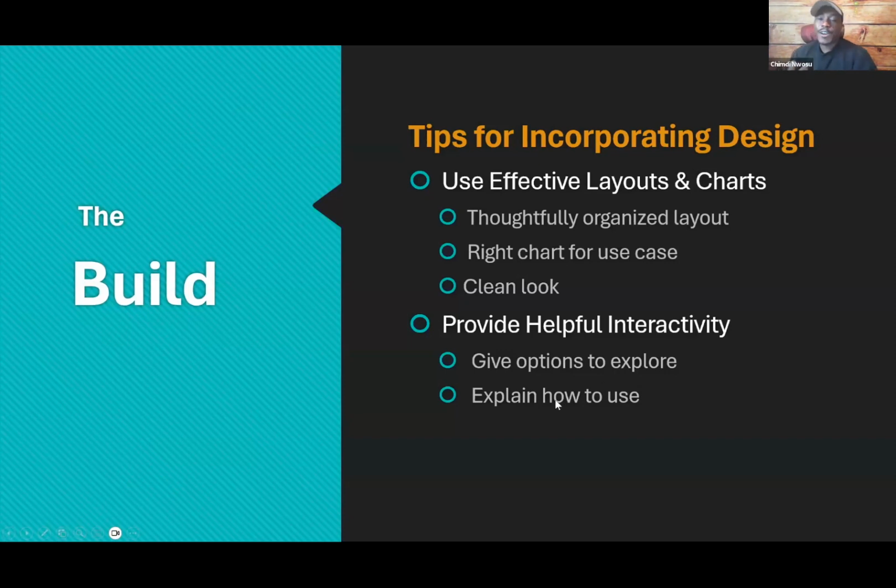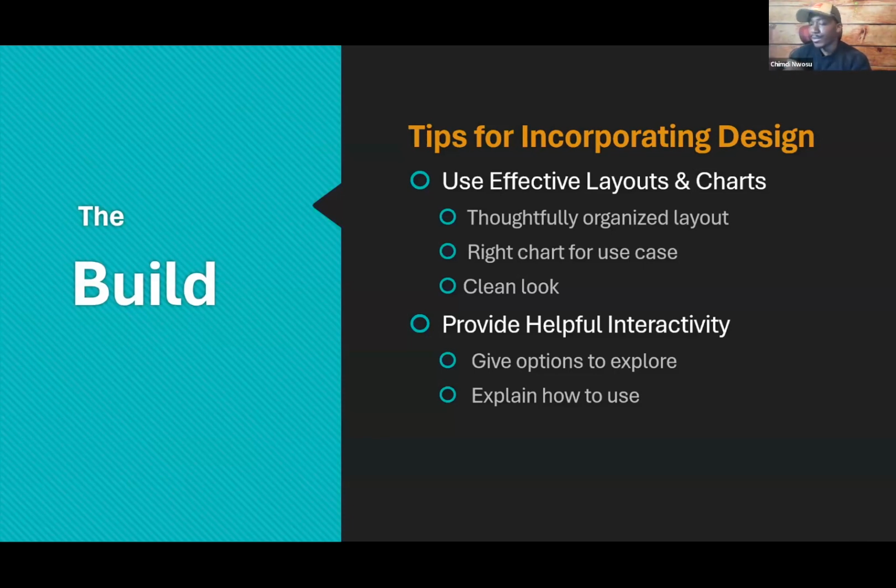We want to give people options to explore, and we want to explain how to use those options on the dashboard. So for example, let's say we meet someone who is essentially looking to understand their business over time. And let's say they have different stores, different regions, et cetera. We want to be able to give them the high level information, but assuming they need to be able to dig deeper based on what they've told us, then we want to provide that information in a way that makes sense.